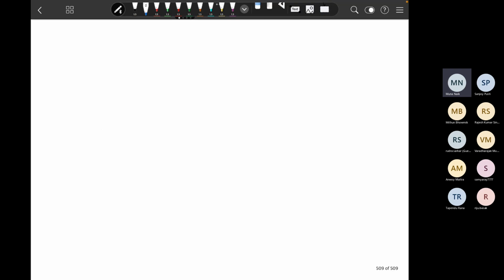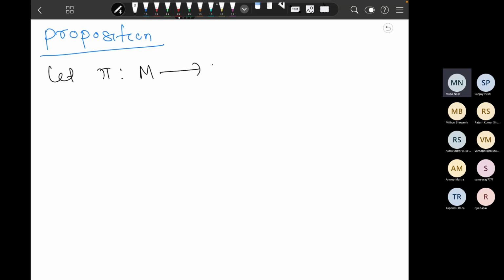Okay, so let us write down a proposition. Let π: M → N be a surjective submersion. These are smooth manifolds, M and N. What do you mean by submersion?